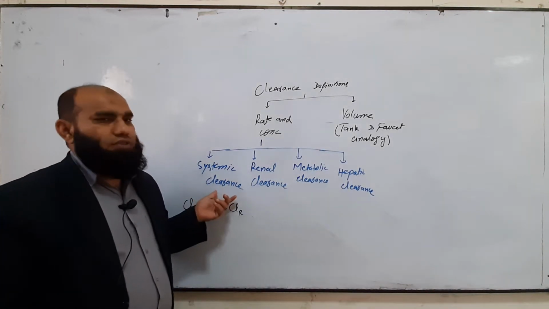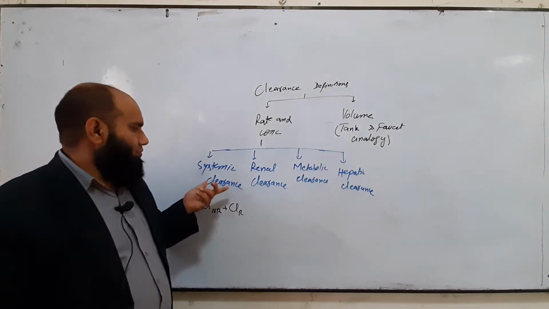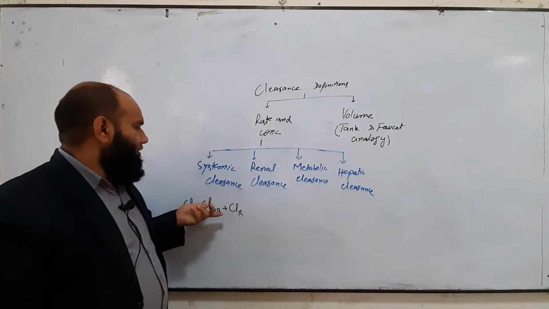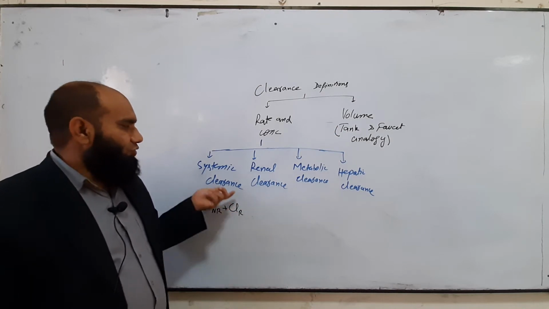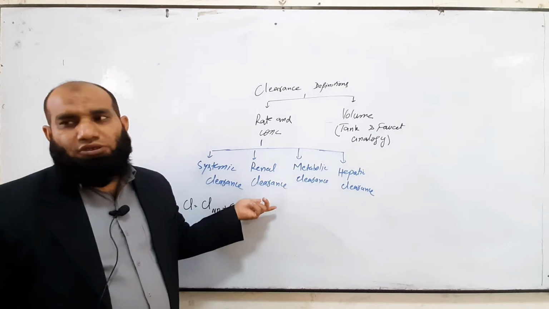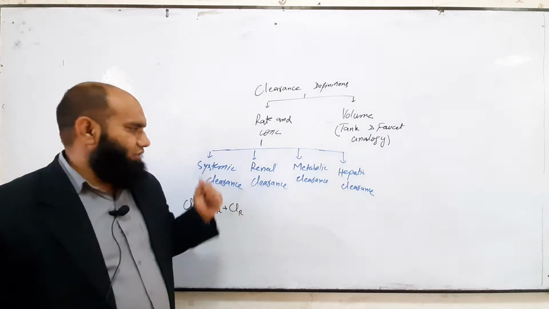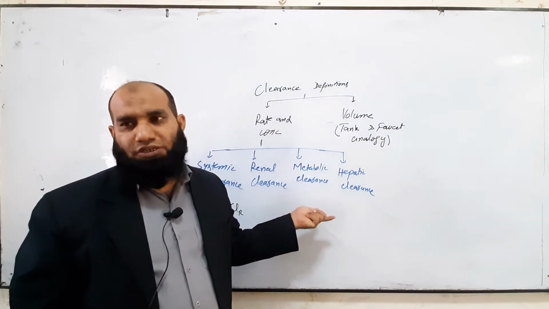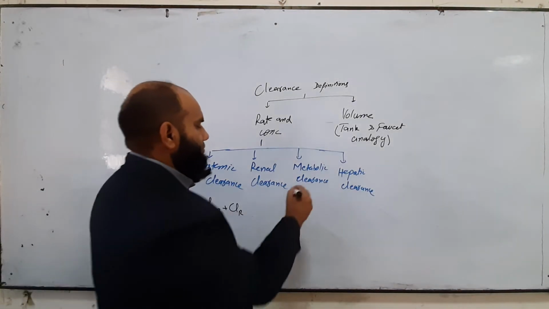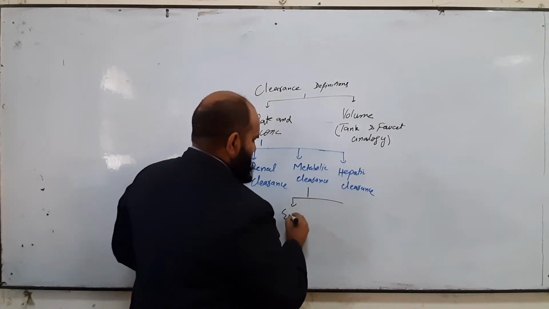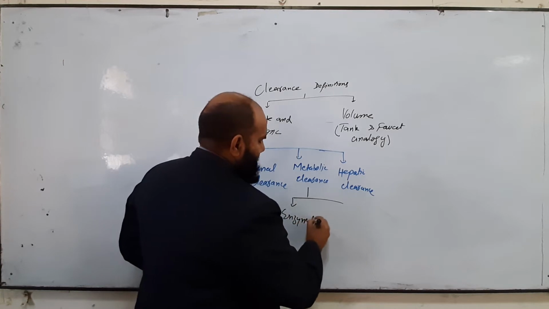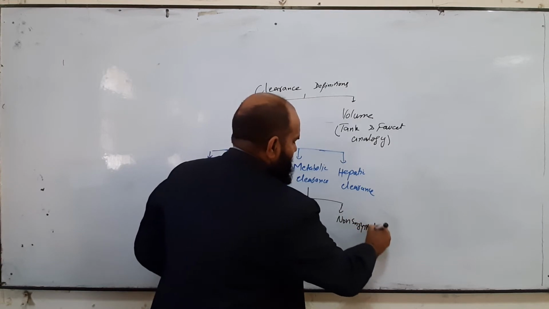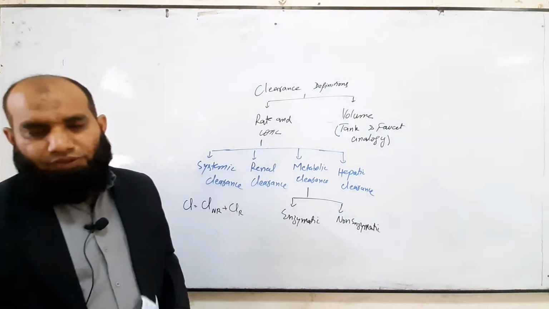When we discuss the volume of the plasma which is getting freed from the drug, it will be called systemic clearance. And if we are using the kidneys for this purpose, then we will use the word renal clearance. And when we use some metabolic concepts, as I have already told you in my previous classes, this concept can also be converted into two: enzymatic and non-enzymatic type of metabolism.